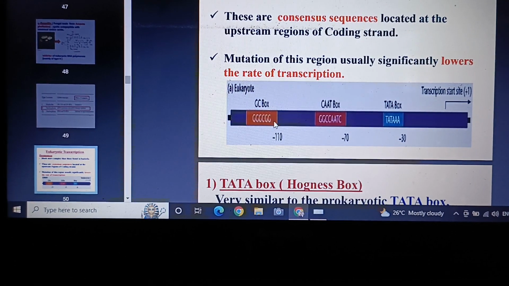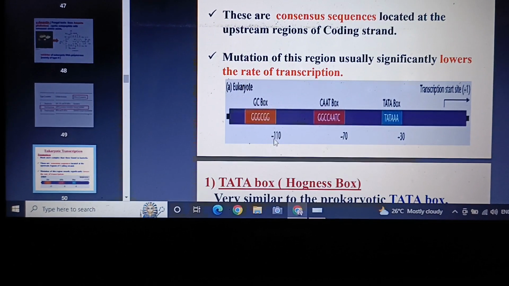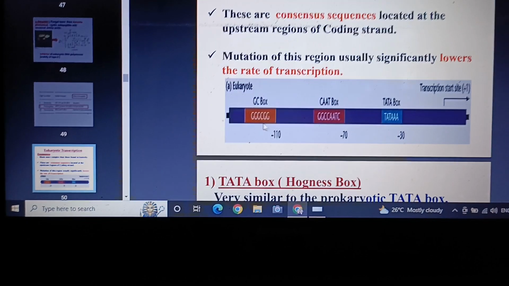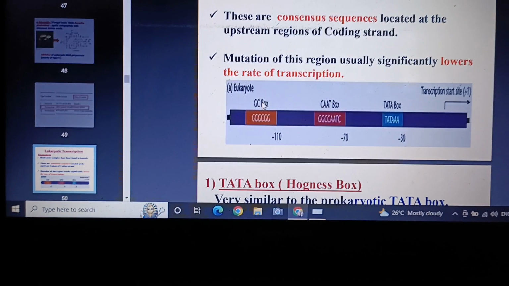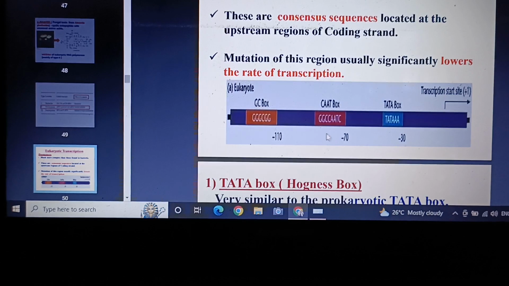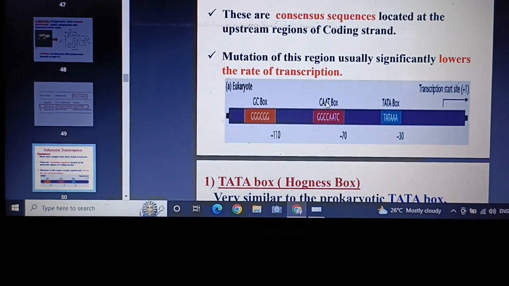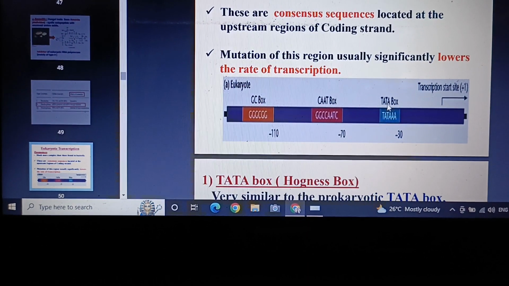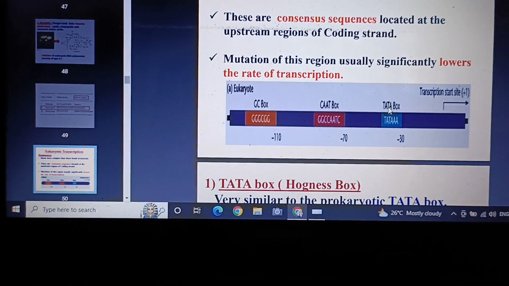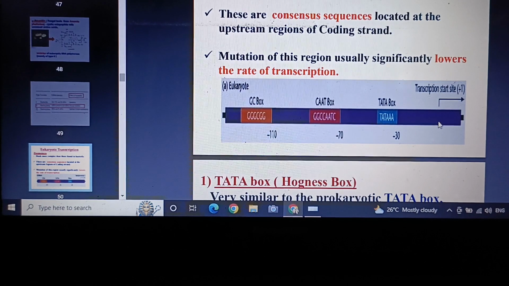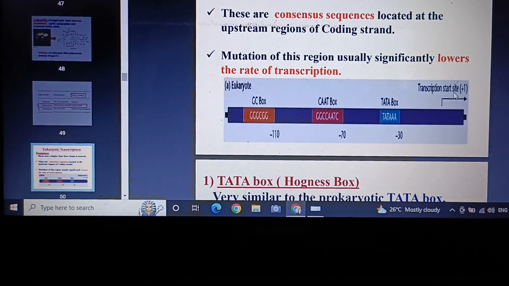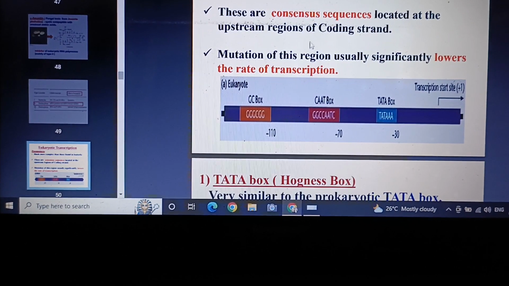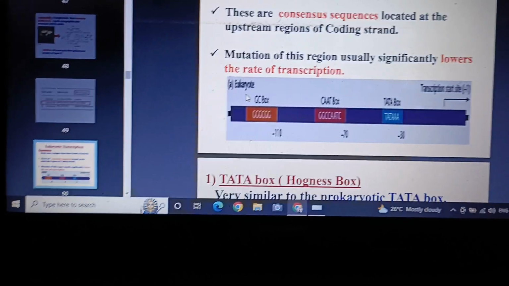See here, this is the GGGCGG at minus 110 in the upstream region. This is a GC box, and here at minus 70 is the CAAT box, and at minus 30 you have the TATA box. After that, your transcription start site is present. So this is your promoter region.